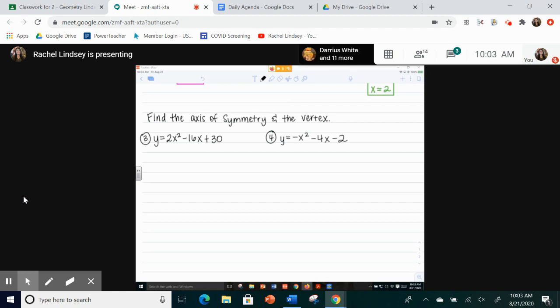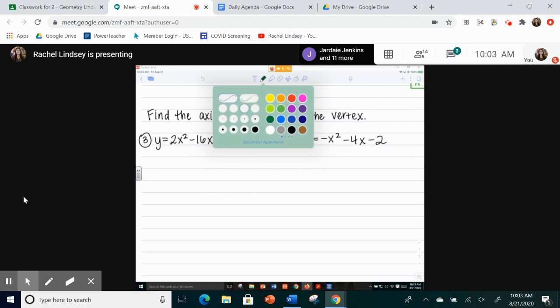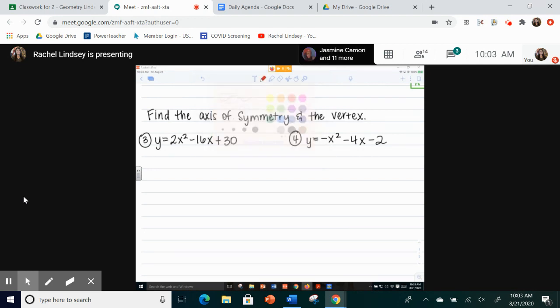Okay, so both of those are in standard form, and I need to find my axis of symmetry. What's my formula for finding the axis of symmetry? x equals negative b over 2a. That's the formula I use to find the axis of symmetry.